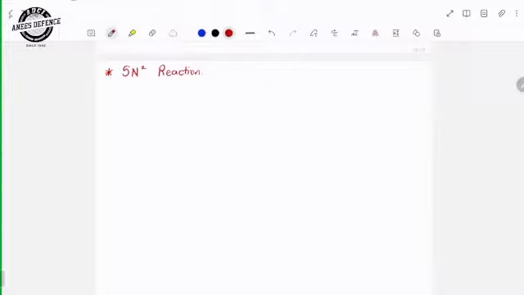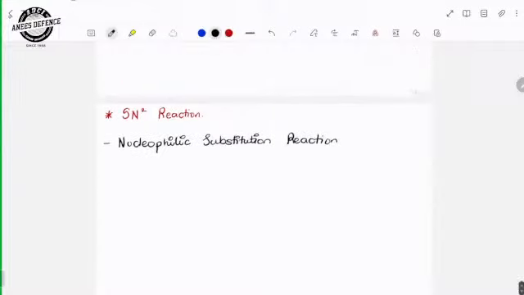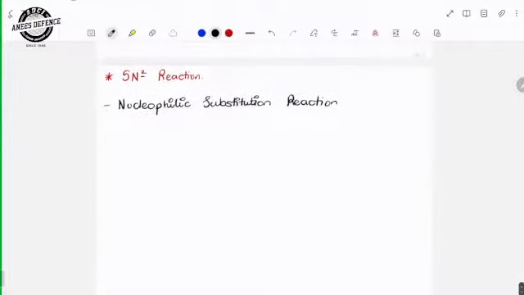SN2 basically stands for nucleophilic substitution reaction, and here the 2 stands for bimolecular.